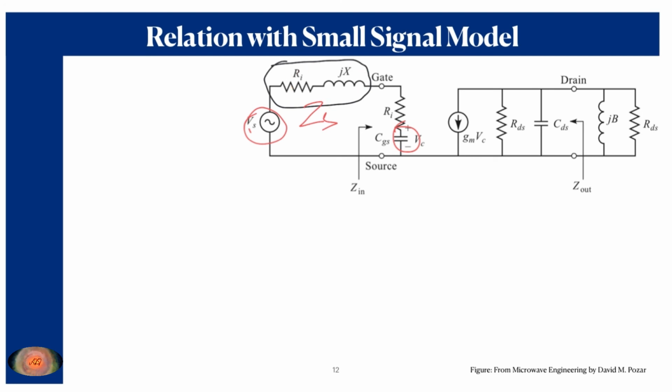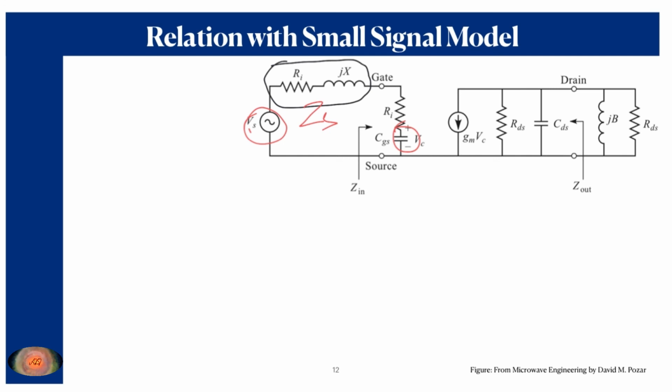That is why this reactive element, which is an inductor, is connected in series with the source impedance. This is the real part of the source impedance Ri. So with the real part of the source impedance, an inductive or reactive part is connected, so that the conjugate matching can be done with the source impedance.